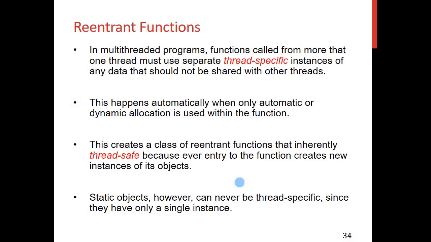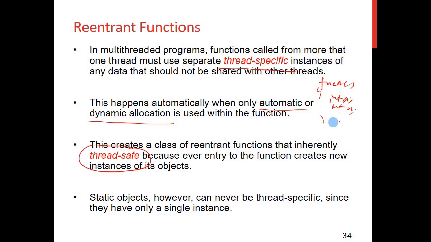In order for us to make sure that a function is re-entrant, we must make sure we use thread-specific instances of any data. That means they must be thread safe. How do you make sure they are thread safe? Thread safety is automatically implied the moment you use only automatic variables or dynamically allocated variables within the function. When I jump into a function and declare a variable here, integer a, integer x, and so on, these are automatic variables.